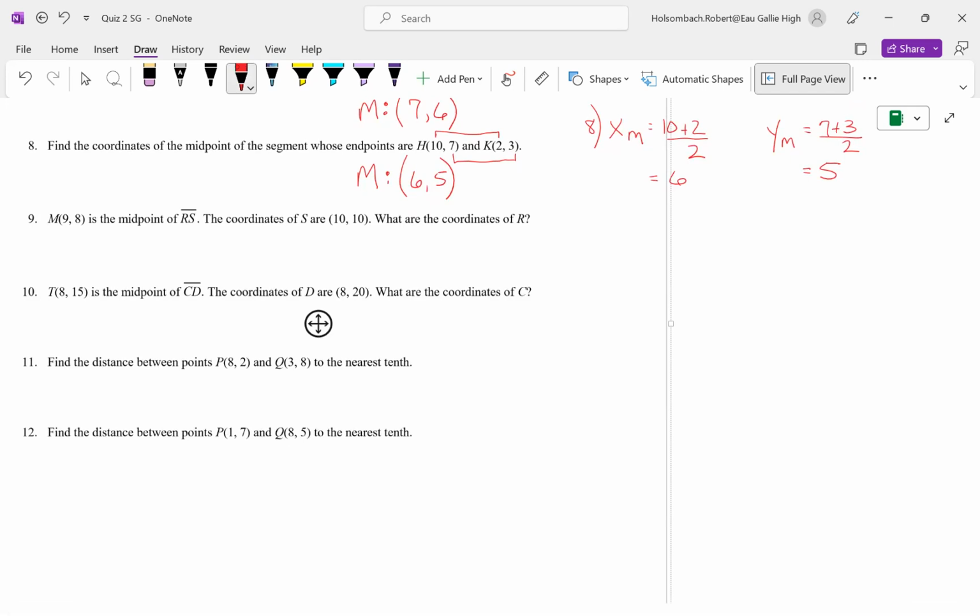I'm going to label this X sub M and Y sub M. I'm going to label the coordinates of S as X sub 1, Y sub 1. What are the coordinates of R? We're looking for our X sub 2 and our Y sub 2.